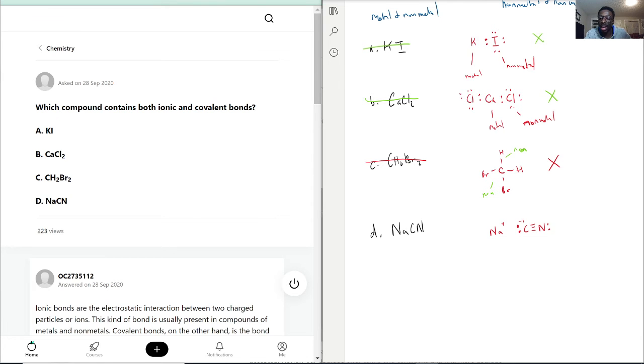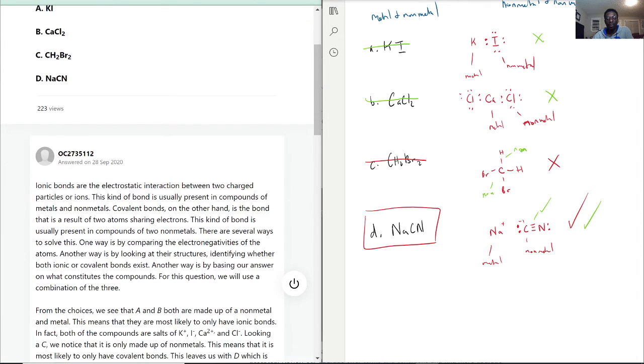So we have here an ionic bond because we have a metal present and a non-metal, carbon. And we also have a non-metal bonded with a non-metal. So this checks out. This has the requirements of both a covalent bond and an ionic bond. So indeed, it is sodium cyanide as a compound that contains both ionic and covalent bonds.